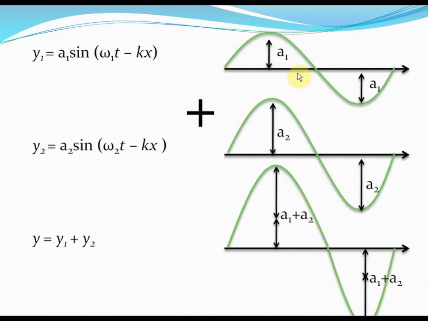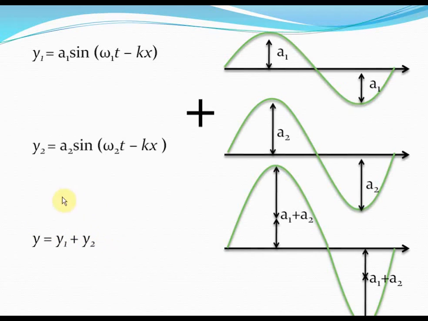For example, if this wave was traveling along the z-axis, that is the axis that is protruding towards you from the computer screen, and this wave was traveling in the x-axis as it is traveling right now, then you wouldn't be able to write y equal to y1 plus y2. In that case, you would write y vector equal to y1 vector plus y2 vector.